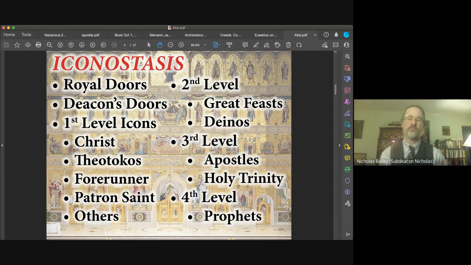What you'll always see is, on one side, the Theotokos dressed in a red robe with blue underneath, holding Christ. On the other side, you have Christ wearing a robe on the outside. This is Christ at the second coming.